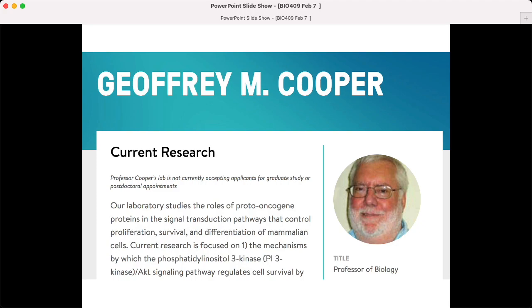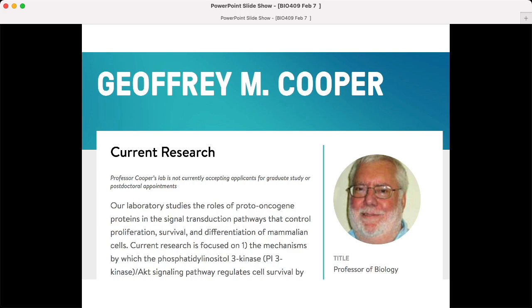He started out studying a virus that we'll talk about today, and he and others found that the problem with that virus is it could cause cancer, and the reason it could cause cancer is because it had accidentally, just totally accidentally, picked up a host gene. And it was really the host gene that was defective, that was mutated in some way, that was causing the cancer. Those discoveries were made back in the 1970s, so 50 years ago.